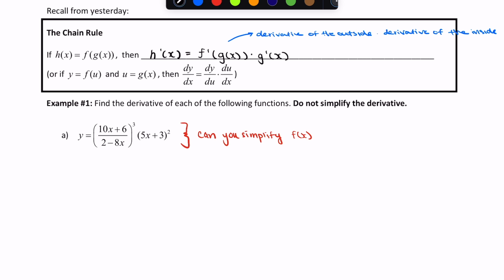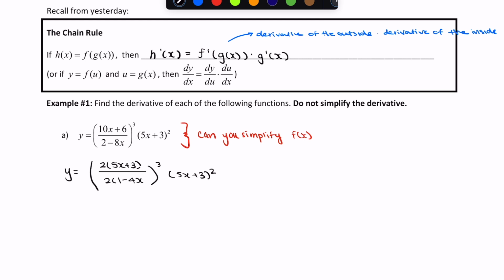So here if we rewrite this as y is equal to 2 times 5x plus 3 over 2 times 1 minus 4x cubed, and we still have 5x plus 3 squared.